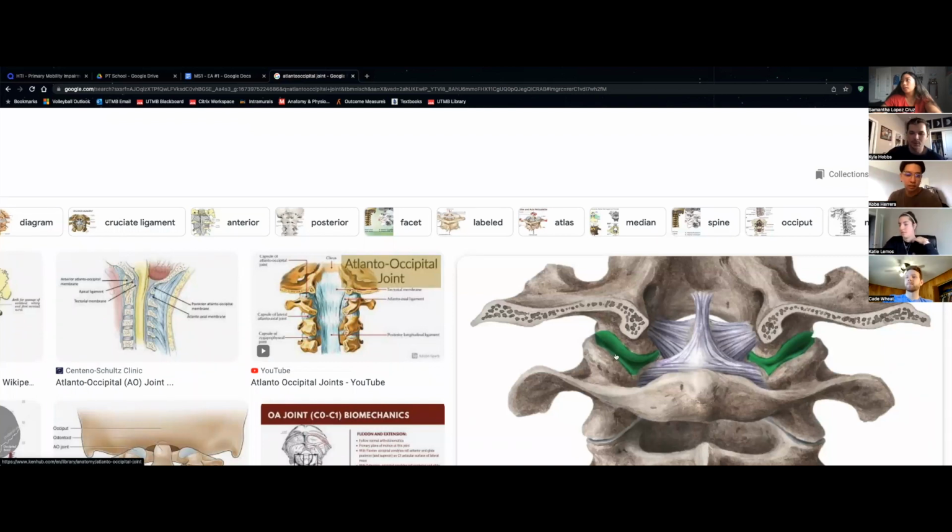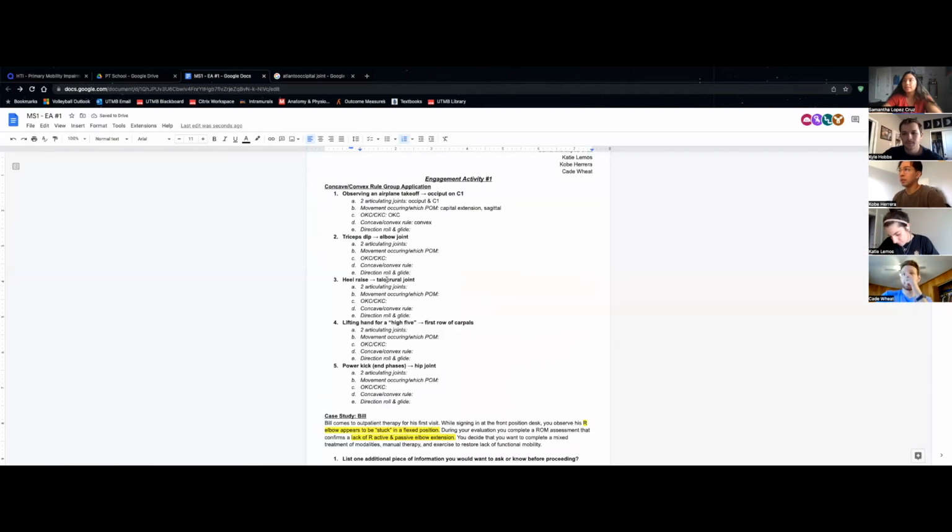I think you use the rule that whichever segment is moving. I have a little skeleton here to play with. Convex moves opposite, and the concave hand moves the same direction. Convex rule.